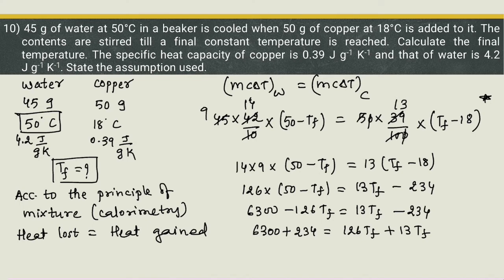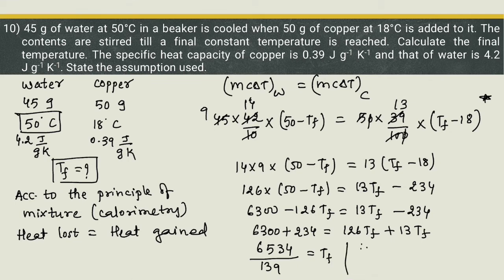So 6300 plus 234, that is 6534, divided by, on the right hand side we have 126 TF plus 13 TF. 126 plus 13 is 139. 139 is equal to TF.